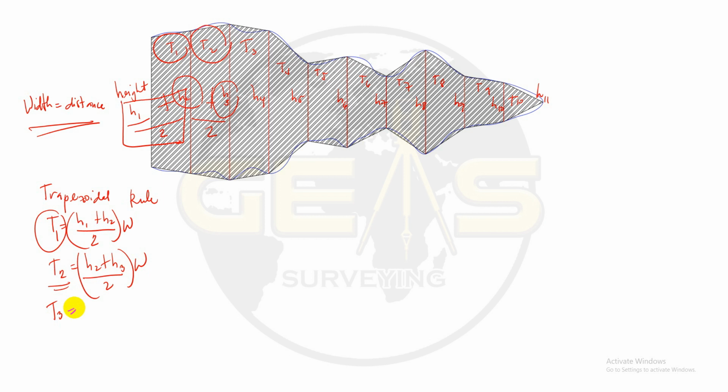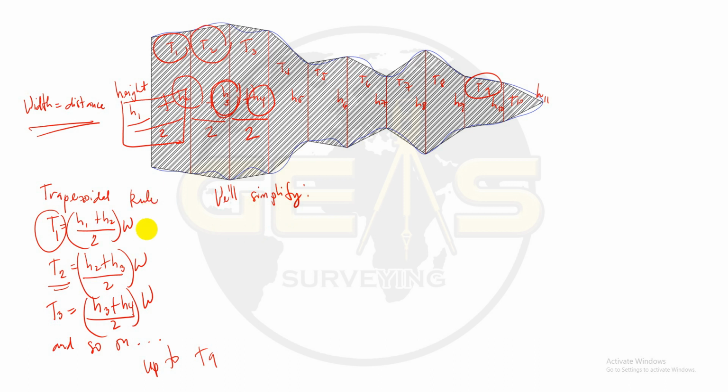Next, T3 is H sub 3 plus H sub 4 all over 2 times width, and so on up to T9, trapezoid number 9. Then we will simplify.